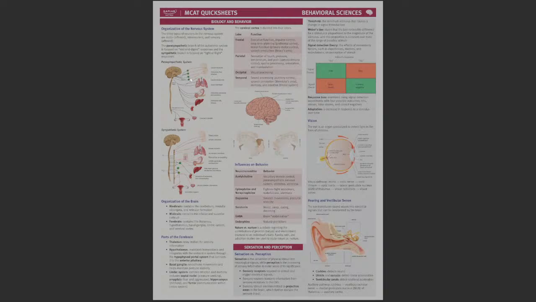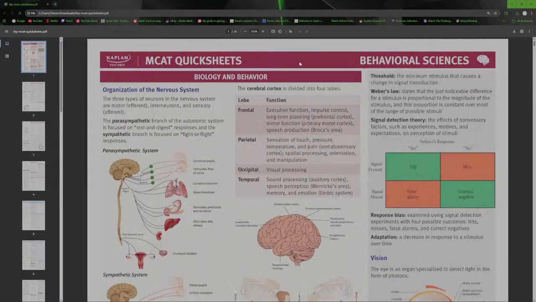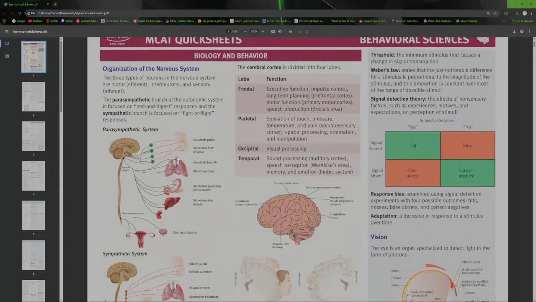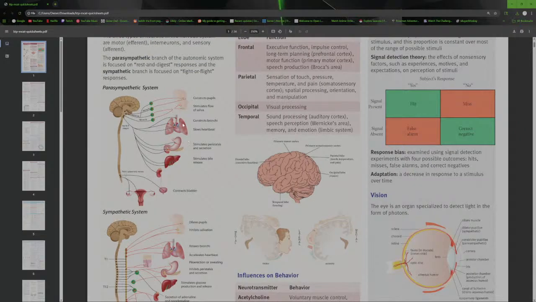And sympathetic, I remember being stress. So I'm going to unpresent here and zoom in to make these images bigger. All right.